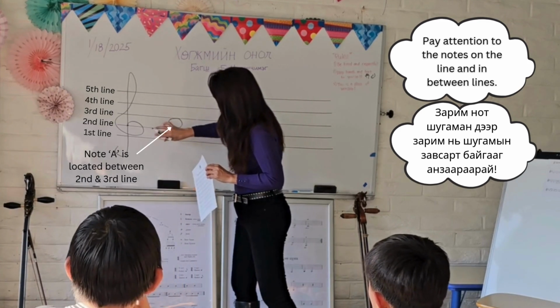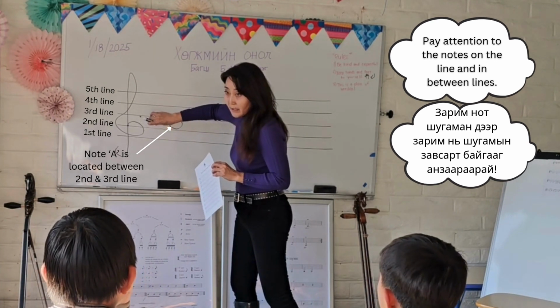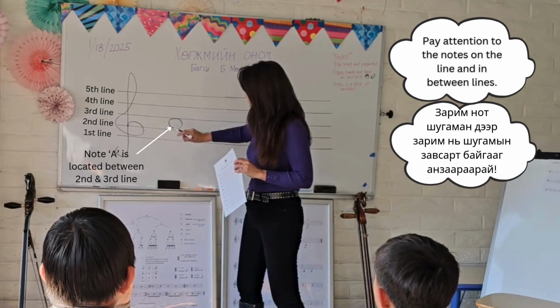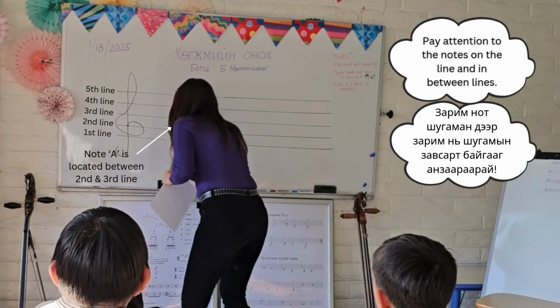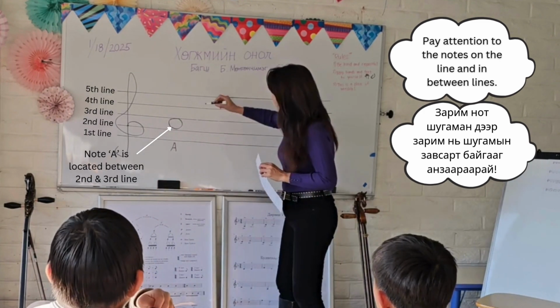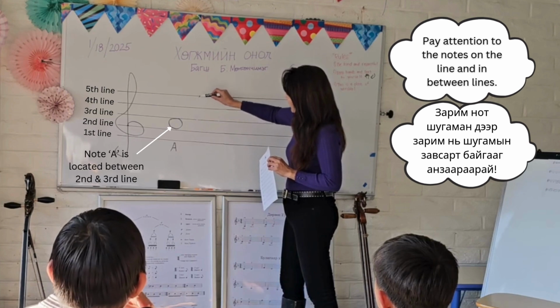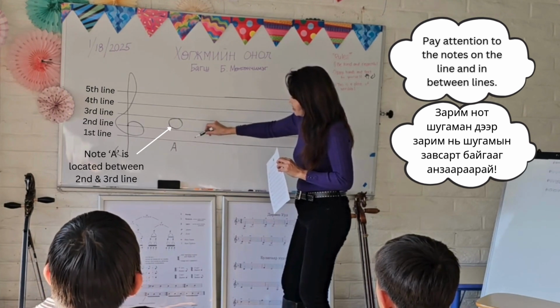There are notes on the lines and also between the lines. You're going to pay attention to that; it's very important. This is our very first A. If it goes up to the fifth line, we call it up, and this way it's down.